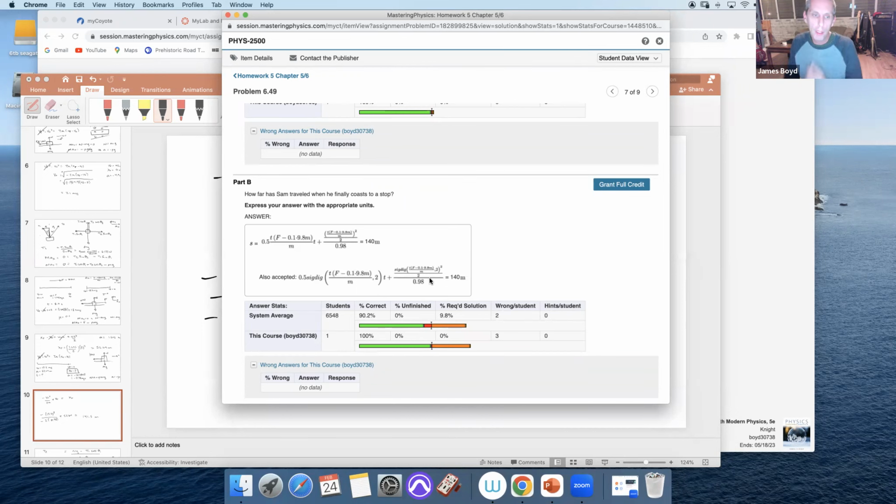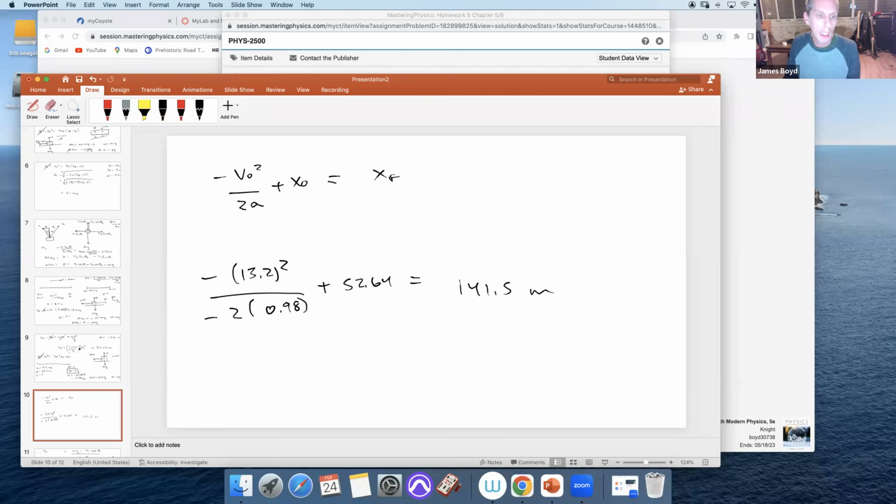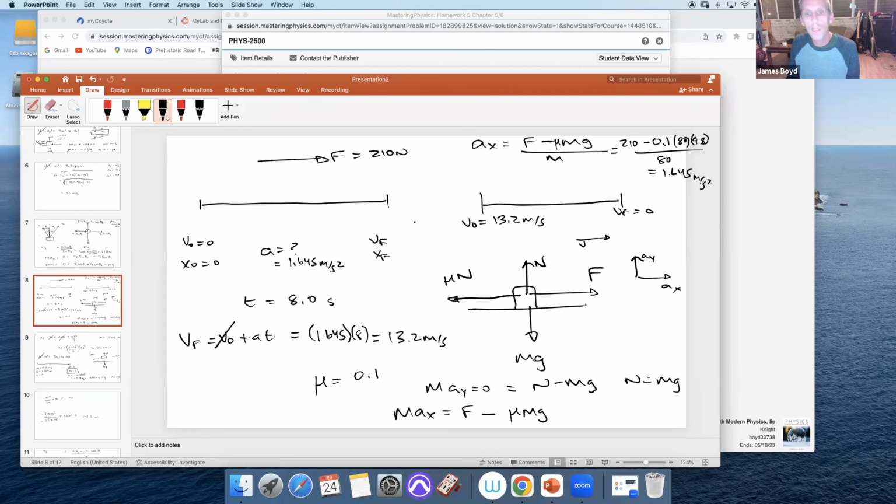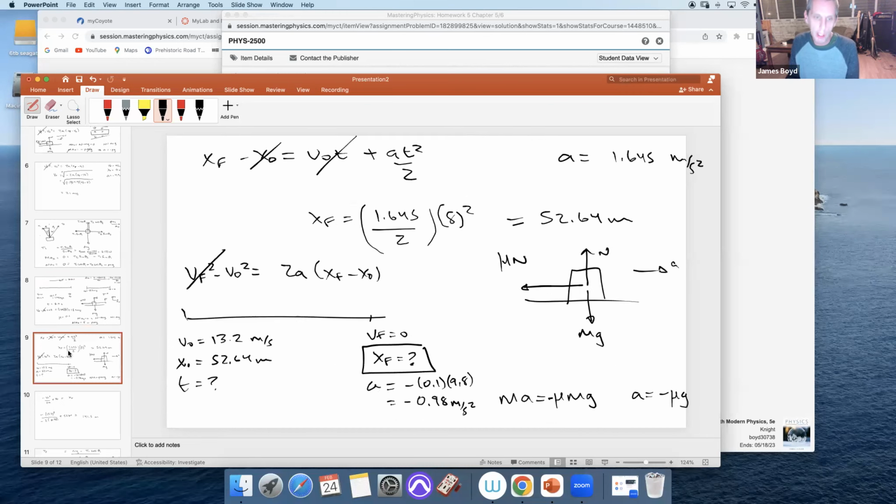All right. So in this problem, in the initial phase, the force minus mu n was ma. So ma is force minus force of friction. That gave us this acceleration. We use these variables, plug them in, and find v final. In the second phase, v initial was whatever the v final we just found for the first part. V final was 0 because he goes to a stop.